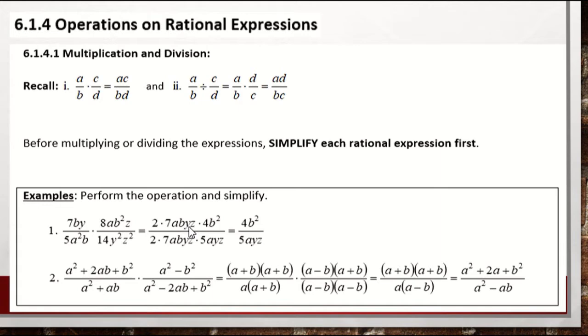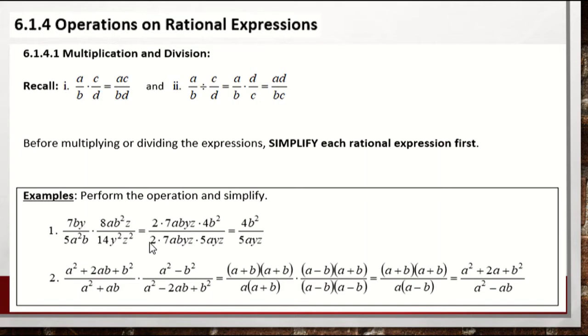Then, what is left? Here in the numerator, since 7, b, y were taken out, and the 2 was taken out here, what is left there is 4. Then a and b were taken out, and the earlier b, so b squared is left. Then z was taken out. So what is left here is 4b squared.